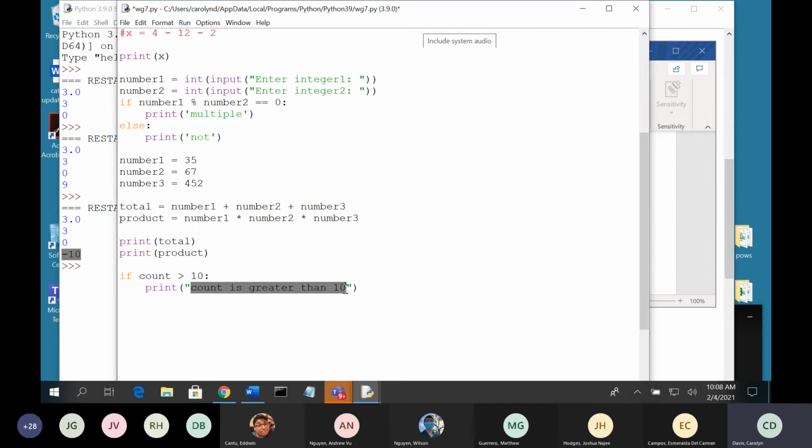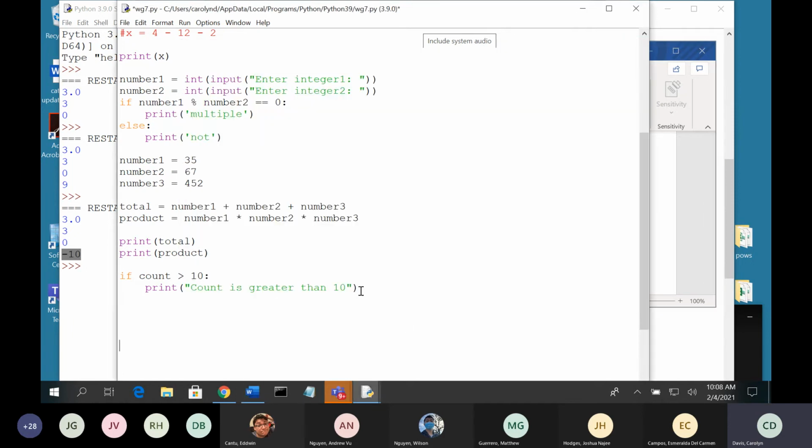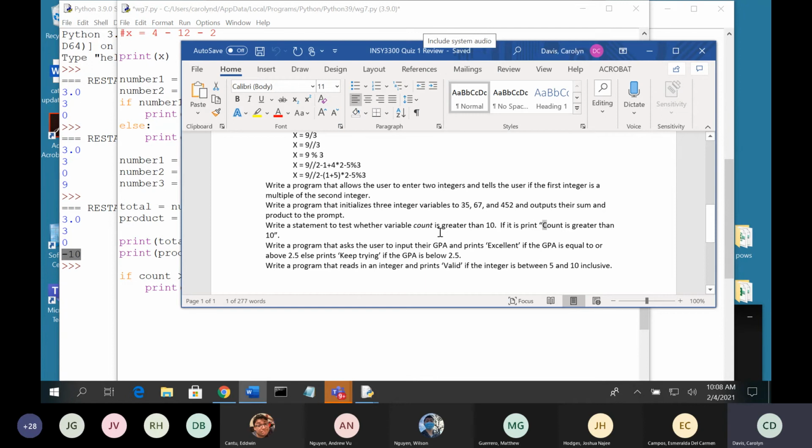You have to look for every little letter to be correct. This would have had to have been a capital C. Print statements are very precise. So if I say it needs to print something, it better print just that. So make sure you look at those types of things when you're selecting the correct answer for something, okay?